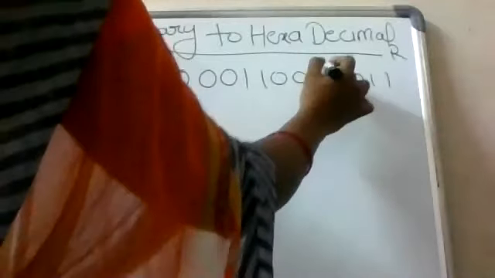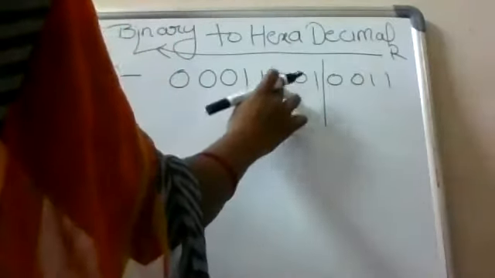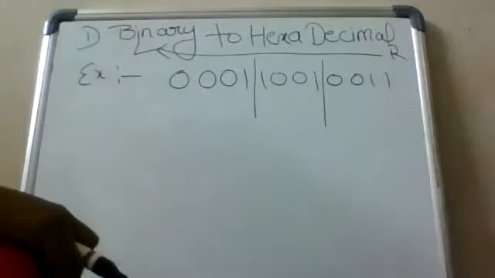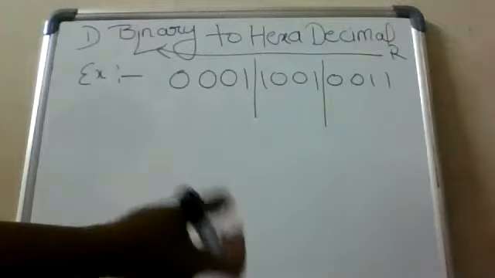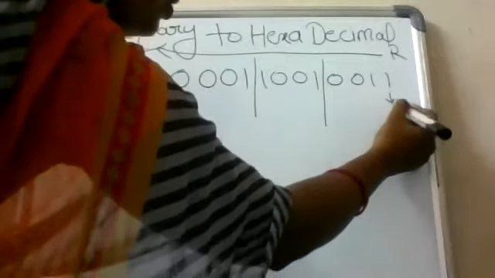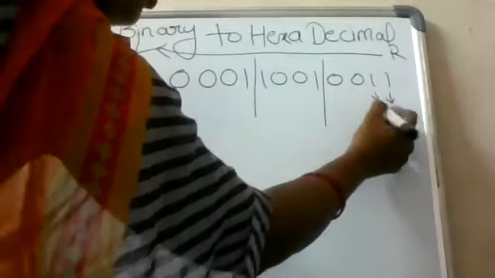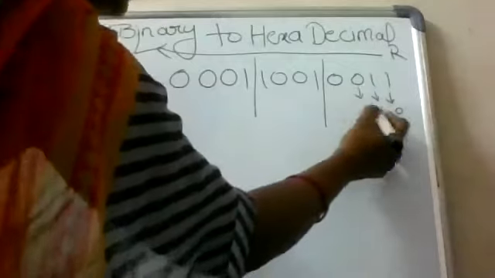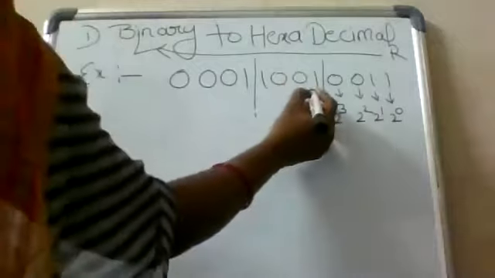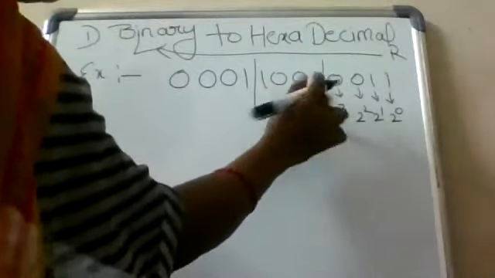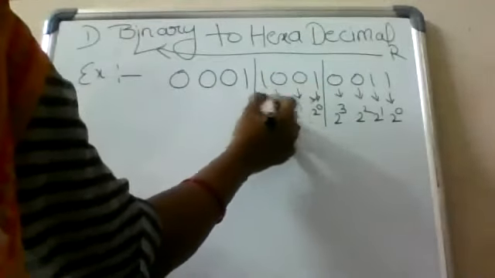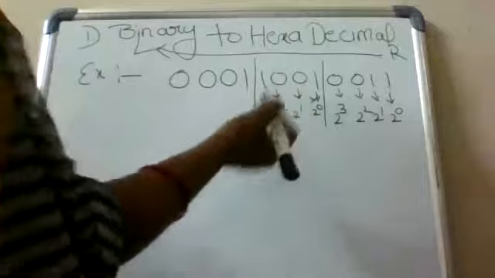Divide into 4 digits each. In the binary system, the given number is multiplied with powers of 2. So in the first part, the digits are multiplied with 2 power 0, 2 power 1, 2 power 2, 2 power 3.